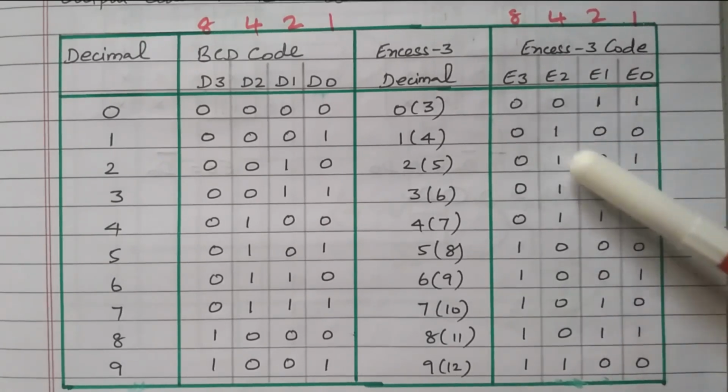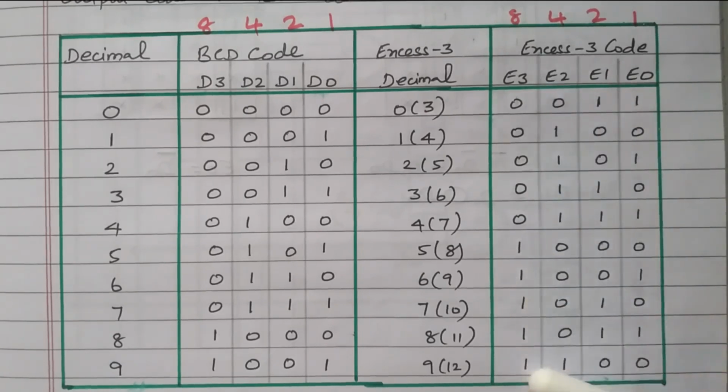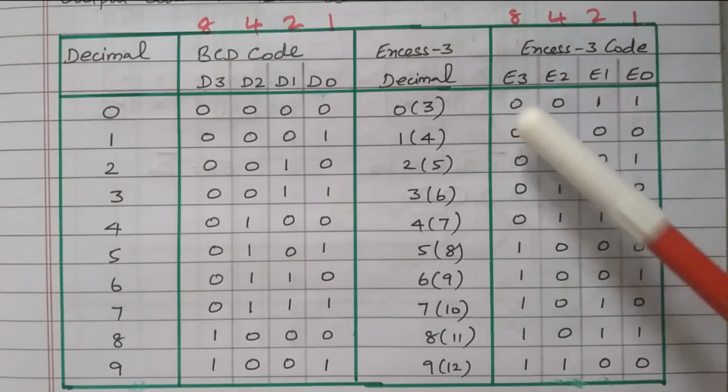In E2 also 5 ones are available. E3, 5 ones. So everywhere 5 ones are available. These 5 ones are represented in the K map and we will get the simplified form of the Boolean function. That function can be implemented with the logic gates. So now we'll go to the Karnaugh map in order to get the simplified form of the Boolean function for E0, E1, E2 and E3.